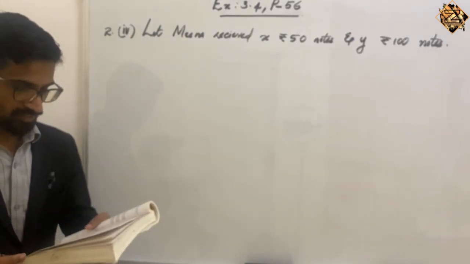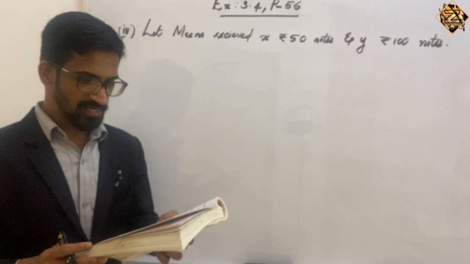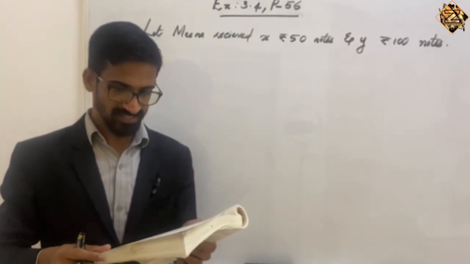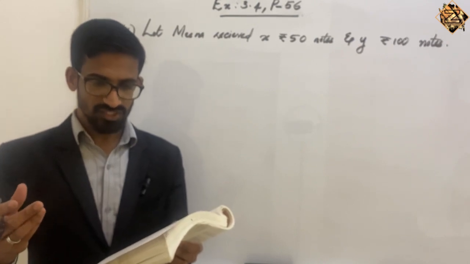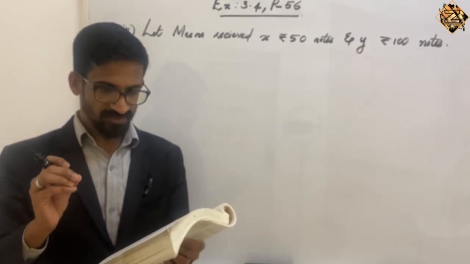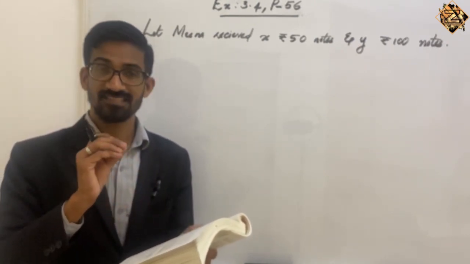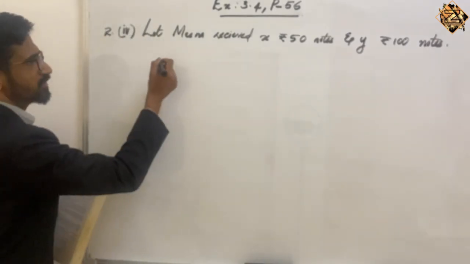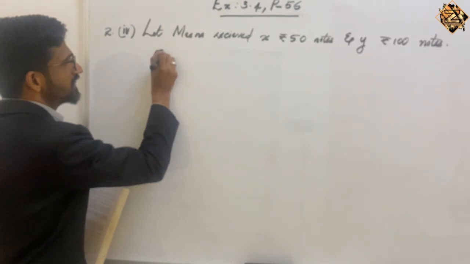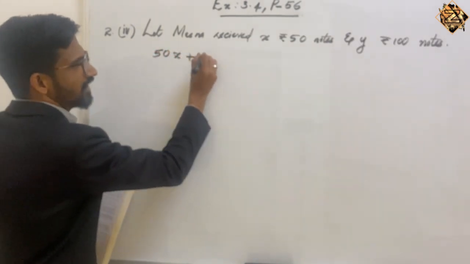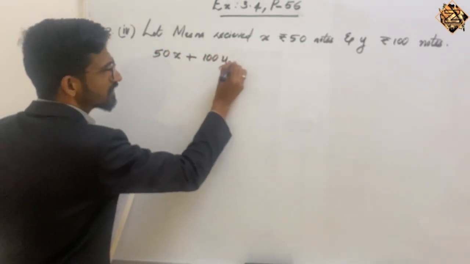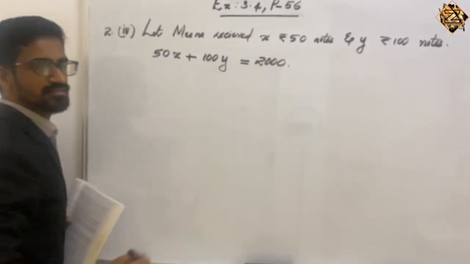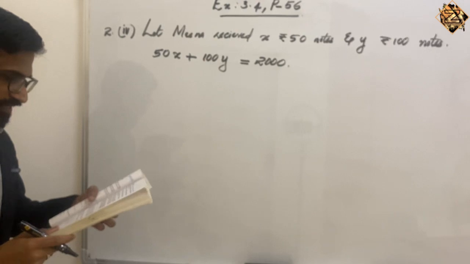Okay, in the first statement it is given that the total amount she received is rupees 2000, isn't it? She went to withdraw rupees 2000, and it is given that it is rupees 50 and rupees 100 notes. So the first condition we can write is 50x plus 100y gives 2000, isn't it?